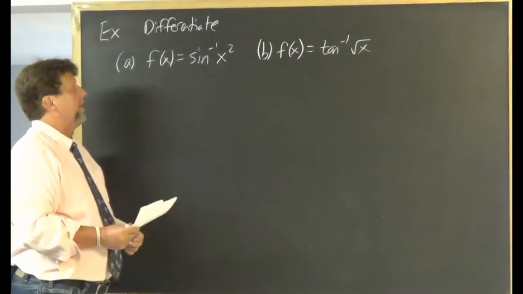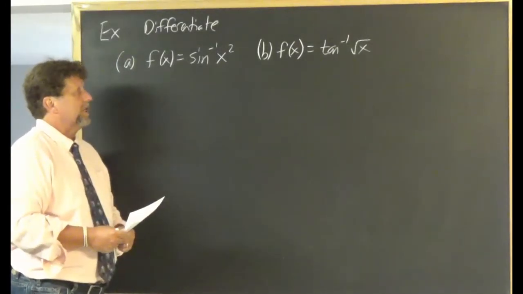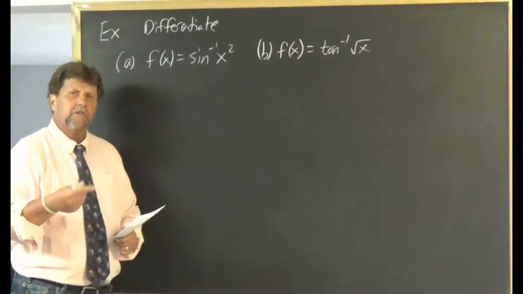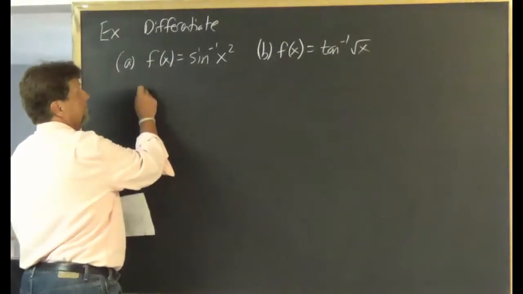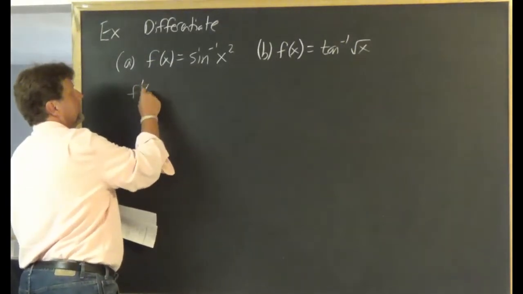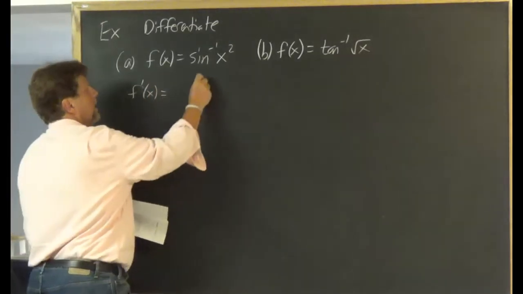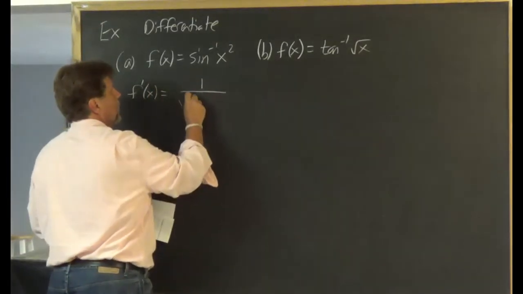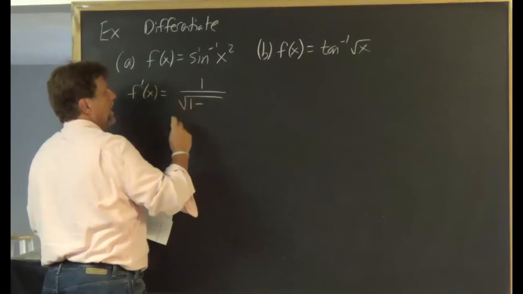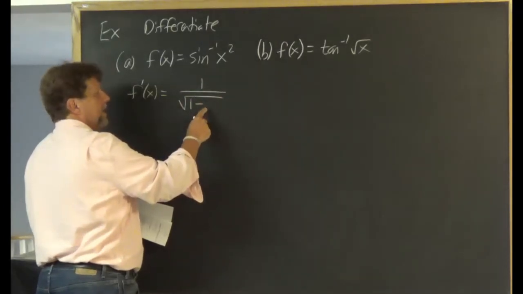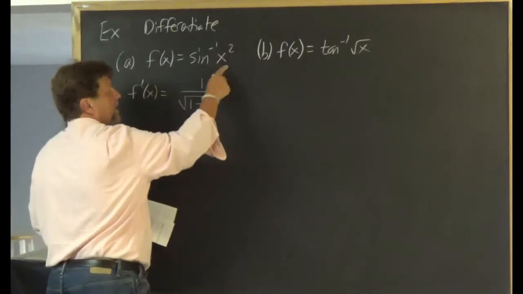So the first one we have here is f of x equals inverse sine of x squared. So the derivative is 1 over the square root of 1 minus, okay, now remember it said u squared? Well, that's like the u.